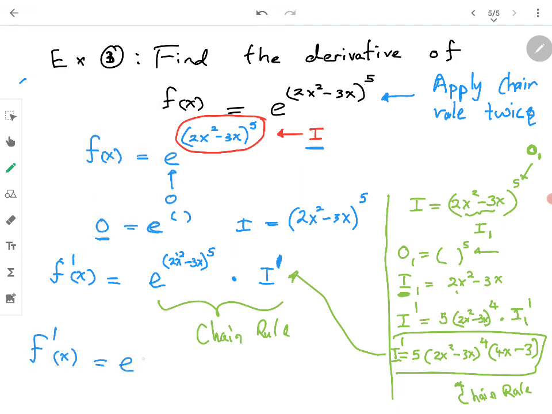So e raised to 2x squared minus 3x to the fifth, I prime is equal to 5 times 2x squared minus 3x to the fourth times 4x minus 3. So that's the final answer. So here we had to use chain rule twice. So in some questions you need to use chain rule more than once.